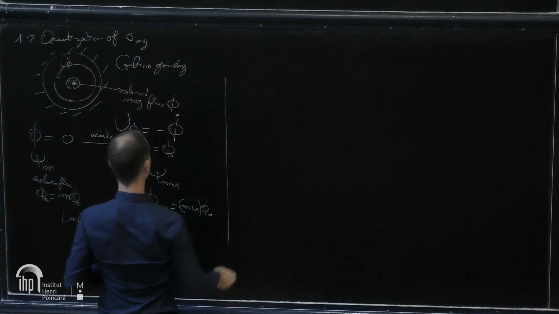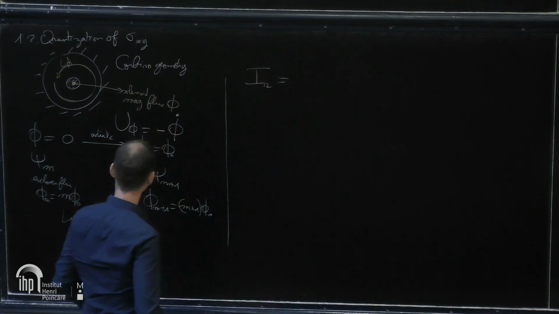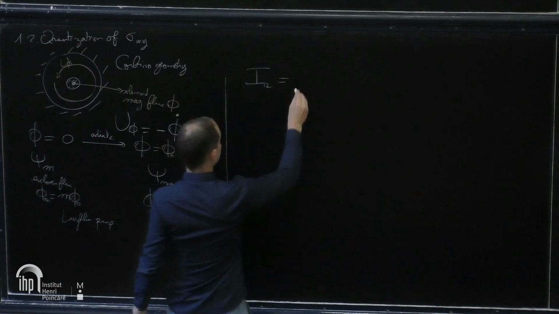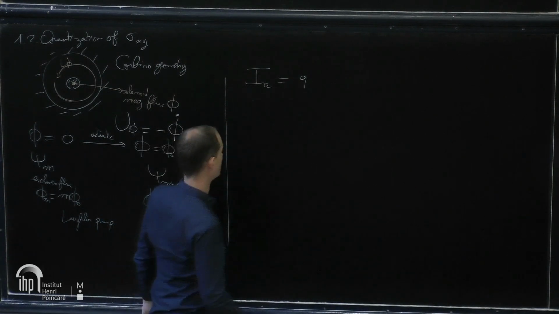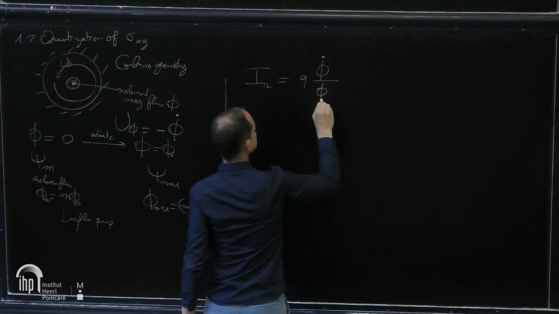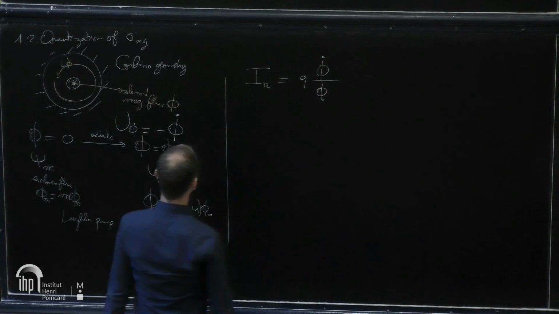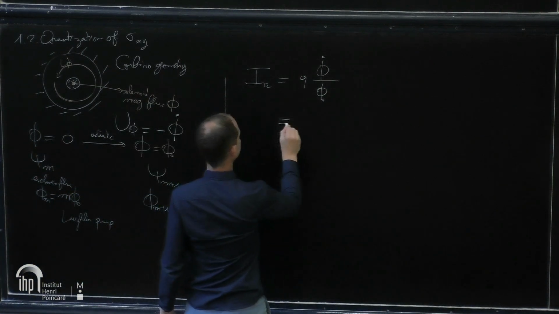And then what is the current in the radial direction? It's simply given by one charge q each time the flux increases by phi 0, so it's q phi dot over phi 0. And phi dot, I said that it's minus U phi.